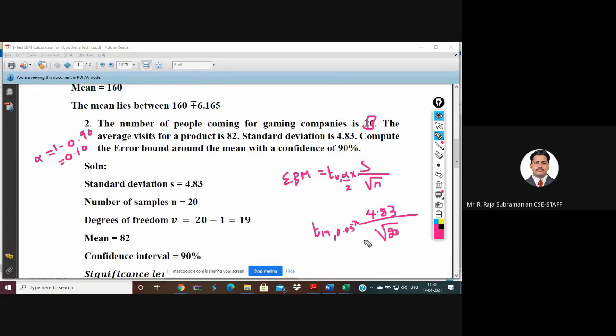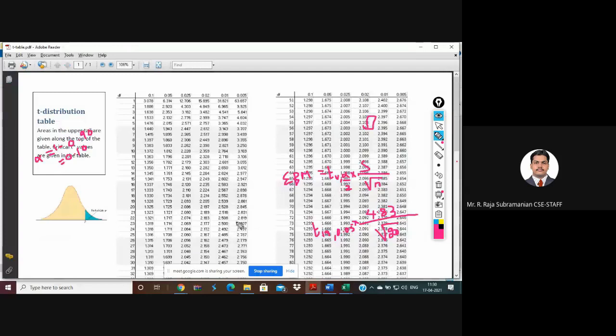Now let us go into the T table. T with 19 degrees of freedom, 0.05 is here. 0.05, 1.729.